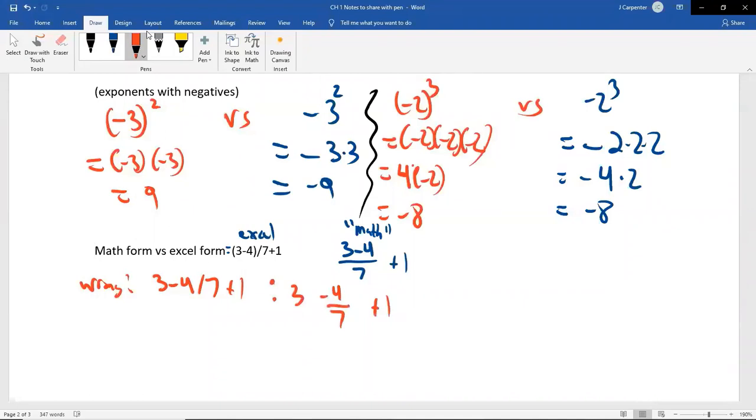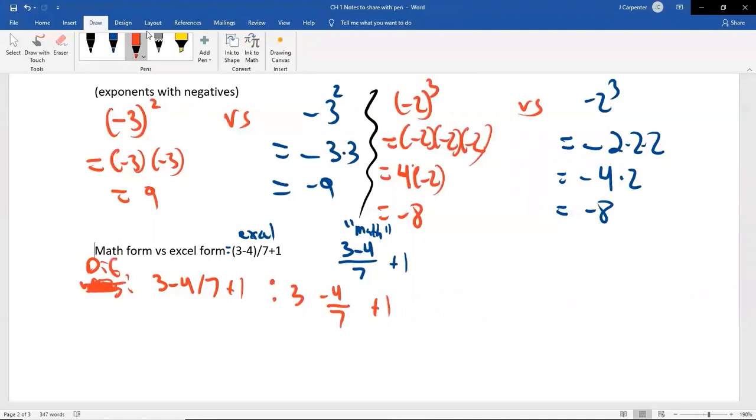Now, I'm not saying the red is wrong. I'm saying that this would not be the same thing as this. This is just a different problem. So maybe not even call it wrong, just say different problem, since I'm showing both versions of it.